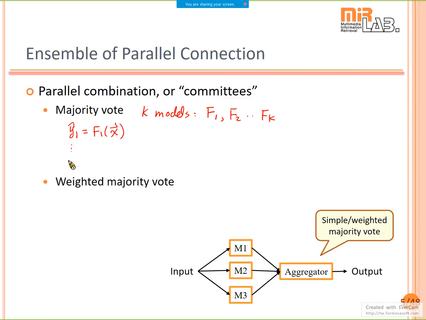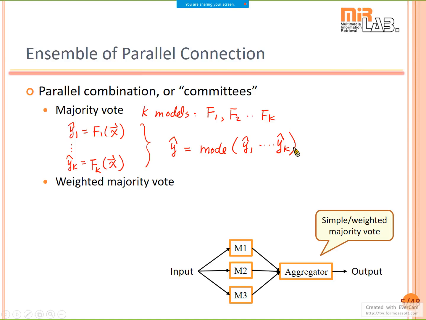Similarly, yk is equal to the prediction of model k. And if we want to do majority vote, then the output will be y hat is equal to the mode of y1 until yk. When I say mode, that means we are choosing the predicted output that appears the most times in these k models.